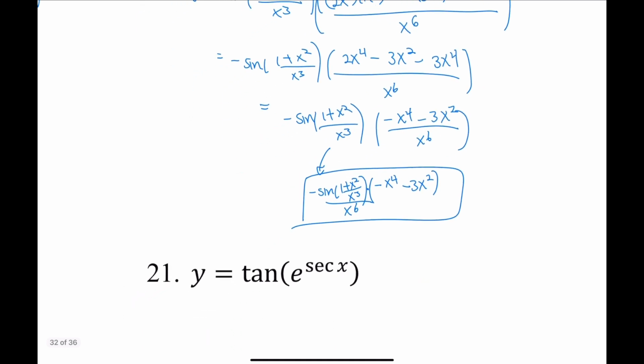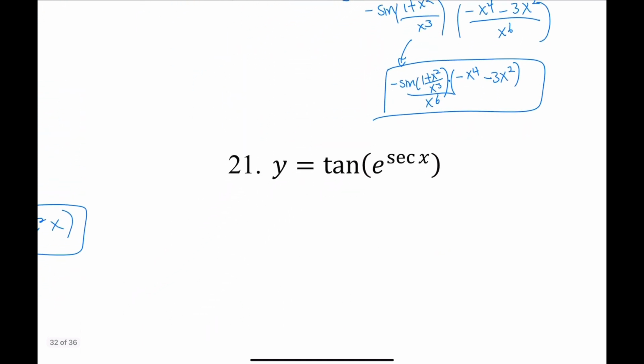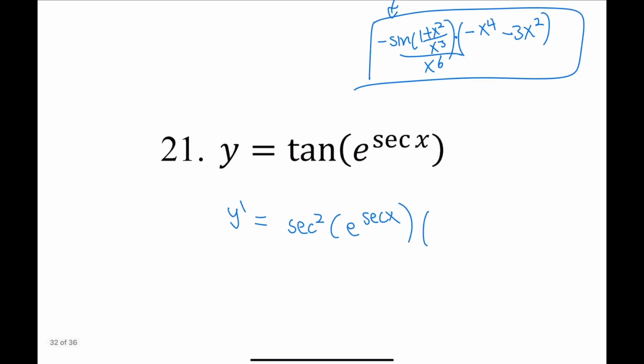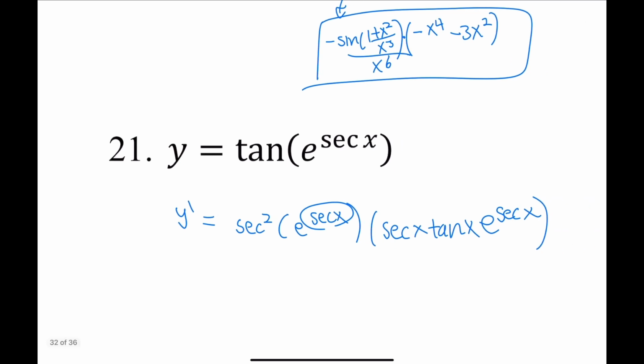Okay. And then number 21. Y equals tangent of e to the secant x. Y prime equals secant squared of e to the secant x, right? And then we also do a chain rule. So the derivative of secant x would be secant x, tangent x, and then e to the secant x again, right?